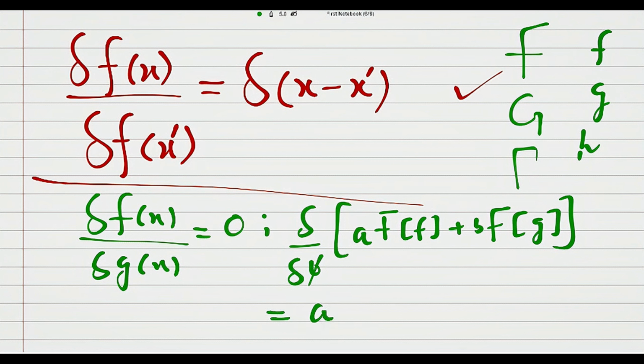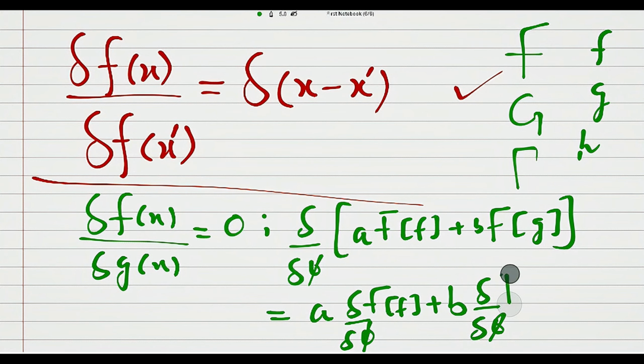A is a scalar quantity, so it will come out times the functional derivative of the first thing, and b is also a scalar, so it will come out times the functional derivative of the functional of g. Since it's a functional of g, not a function, you will not apply the previous rule here and say, oh, it's a functional of g, so I'm just putting it equal to 0. No, that's not how you will work.